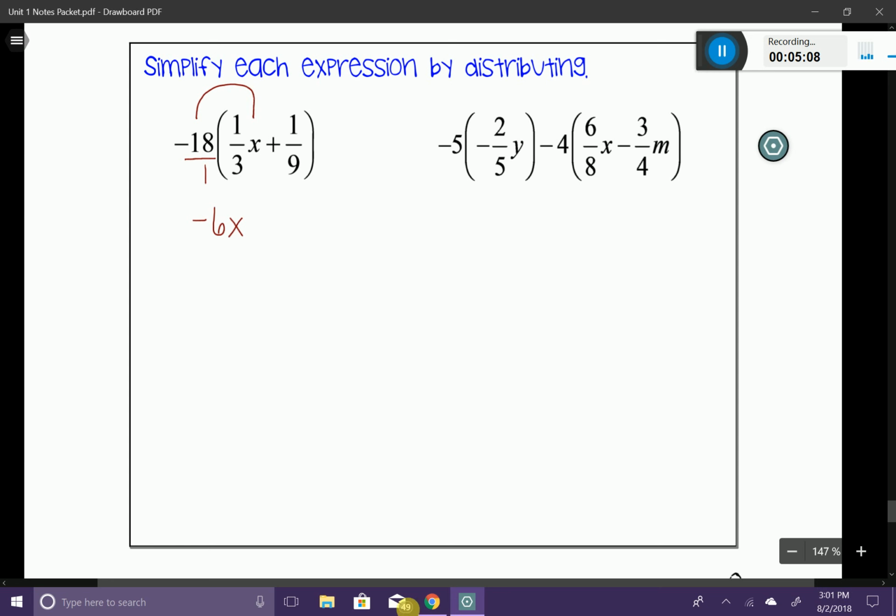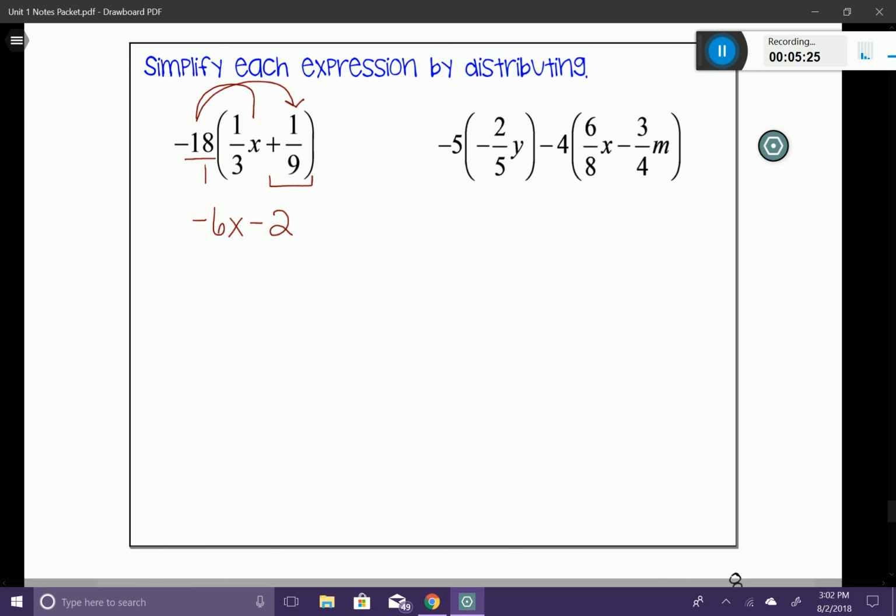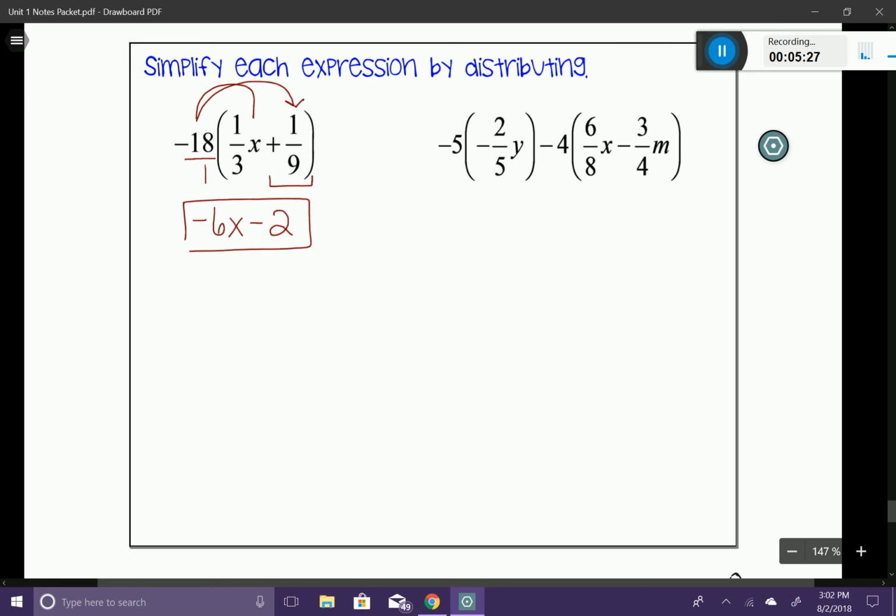Then I'm going to take negative 18 and multiply it by positive 1/9. Same concept. It's really saying negative 18 divided by 9, which is going to be negative 2. So that big ugly problem just turns into negative 6x minus 2, and that's your final expression.